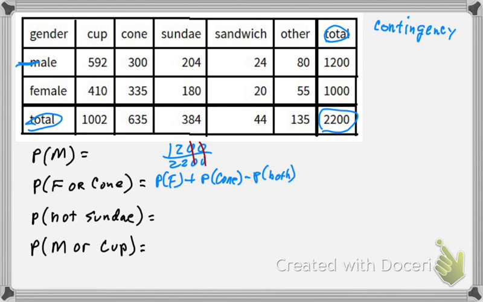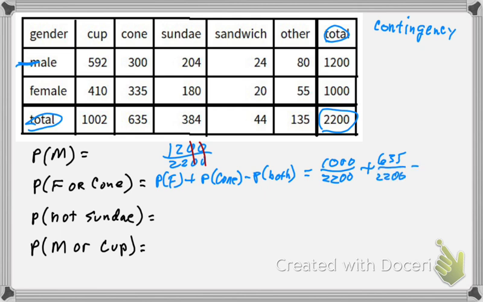Okay, female. How many? 1,000 out of 2,200. Good, so 1,000 out of 2,200. How many like cones? Good. 635 out of 2,200.